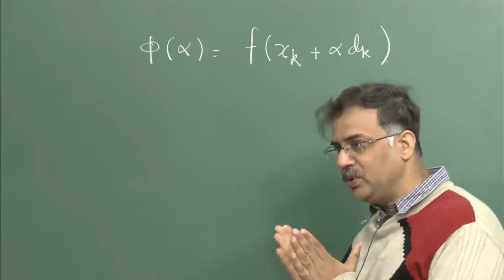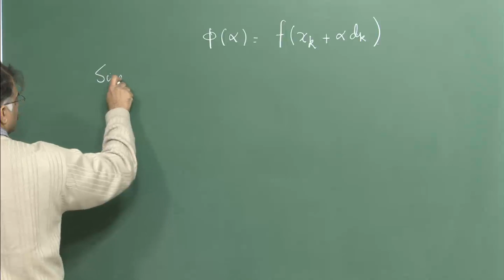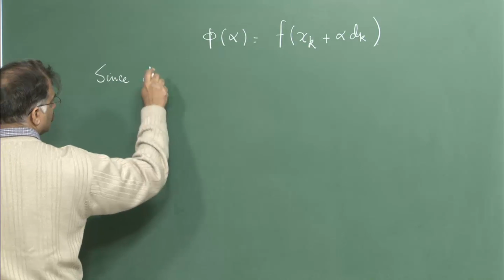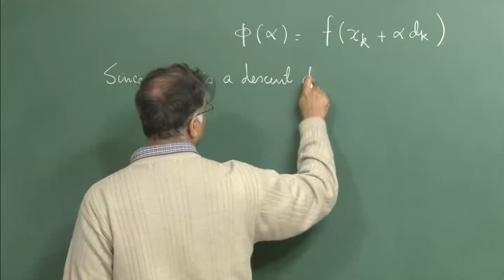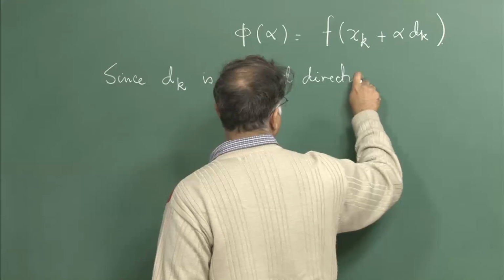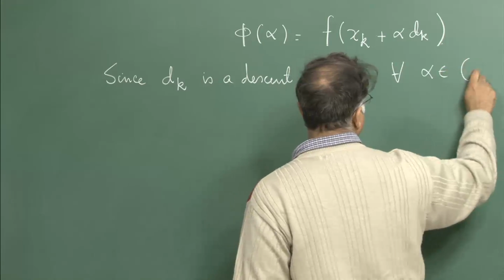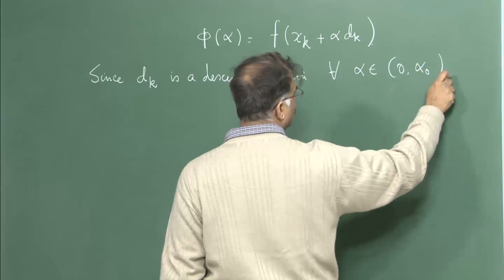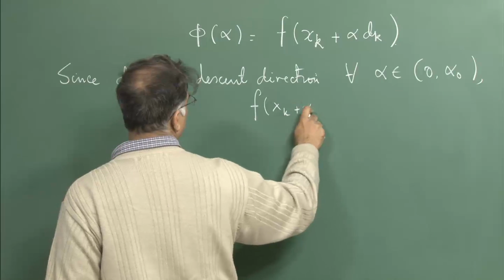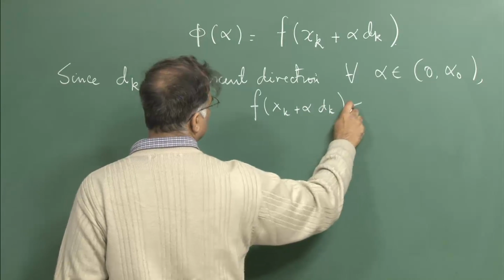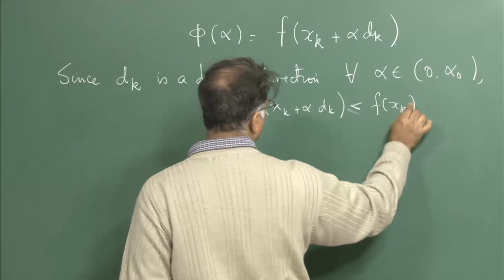So for certain alpha between 0 and alpha naught, since dk is a descent direction, for all alpha in that interval I know that f of xk plus alpha dk is strictly less than f of xk.